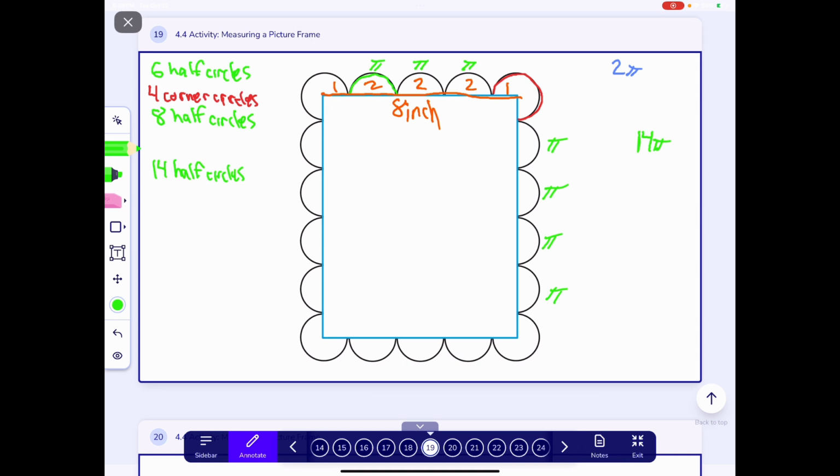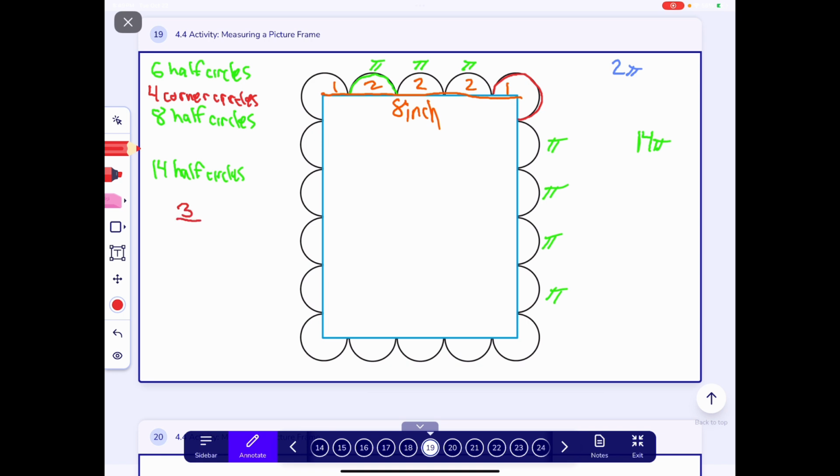Now let's do the corner circles. There's 4 corner circles, but let's take a look at one individually. I encourage you to pause the video and just think about this before the explanation. The diameter is 2, so the circumference of the whole circle is 2 pi, and each corner is 3/4 of the whole circumference.